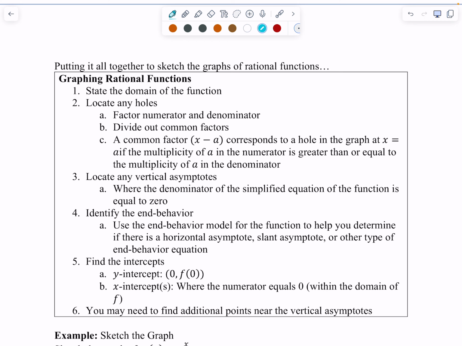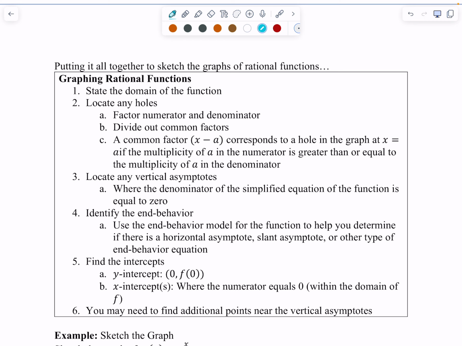Using the end behavior model to help you with identifying the end behavior. If there is an end behavior asymptote, like a horizontal asymptote, being like, okay, horizontal asymptote, y equals this number. If there's a slant asymptote, doing the polynomial long division or the synthetic division in order to come up with the equation of the slant asymptote.